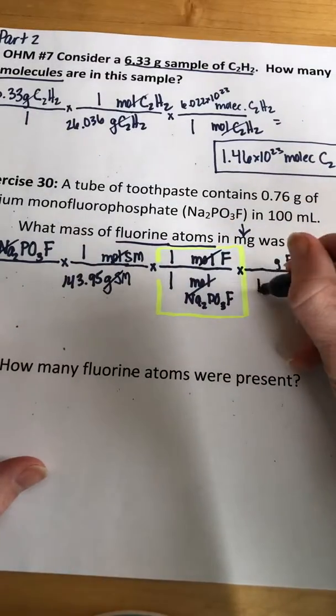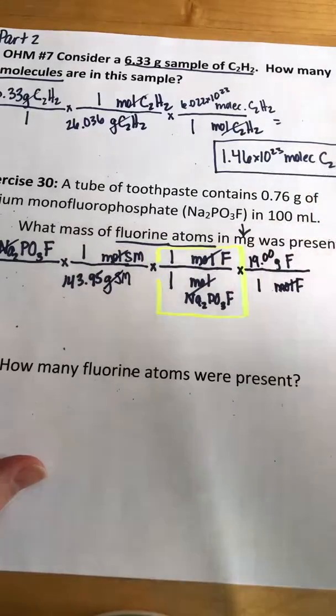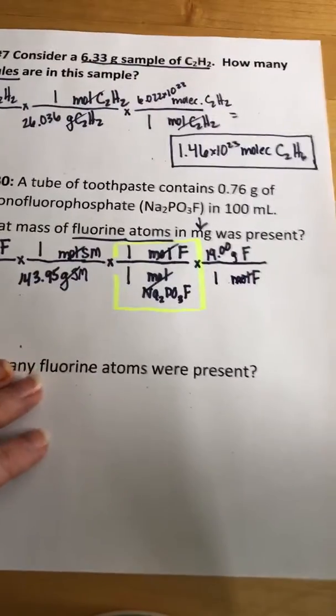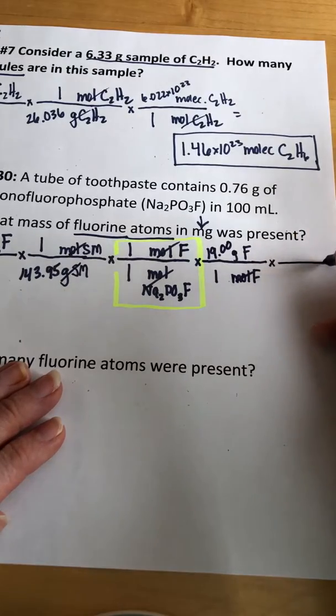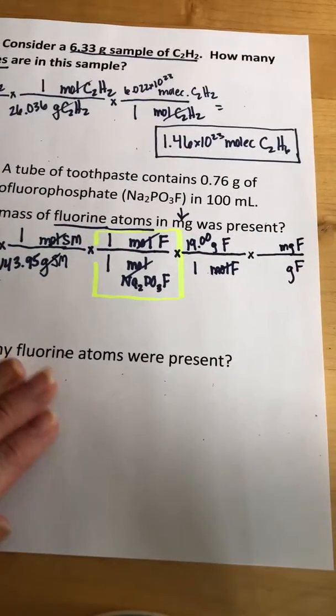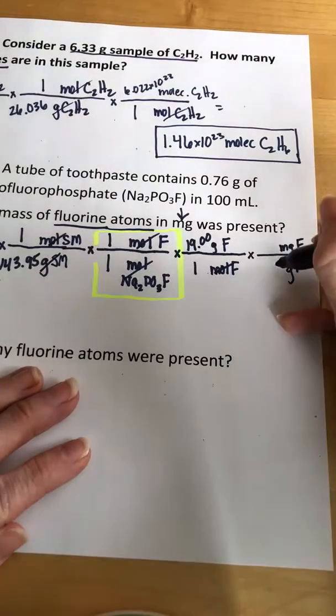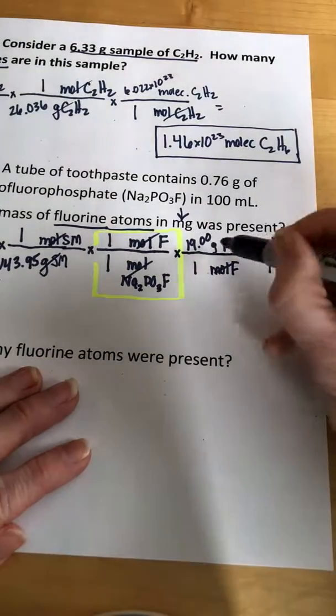For every 1 mole of fluorine, if you look on the periodic table, our mass is 19 grams. And then we want to go to milligrams, so we're going to have one final step. Grams is on top, grams is on bottom, grams to milligram conversion. 1 gram is equal to 1,000 milligrams. That was back from Unit 1.